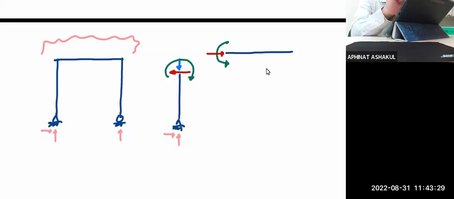And here you have the vertical downward. So likewise, you have the vertical upward. Again, what once was the axial force, which is parallel to the member, now becomes a shear force that is perpendicular to the member.